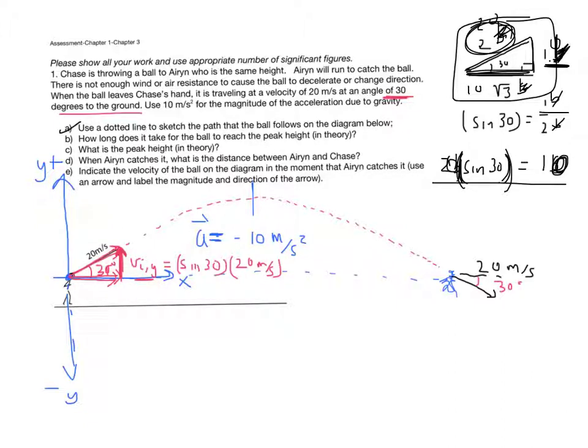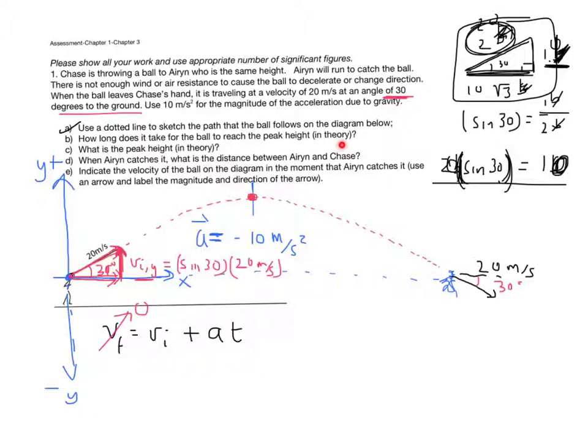Now, the equation we're working with is that the final velocity, v final, is equal to v initial plus at. We know the acceleration is negative 10 meters per second squared. We also know that the final velocity is 0 at this peak right here, because that's the final point we're analyzing. We're trying to figure out how long it takes to get to the peak height in theory.